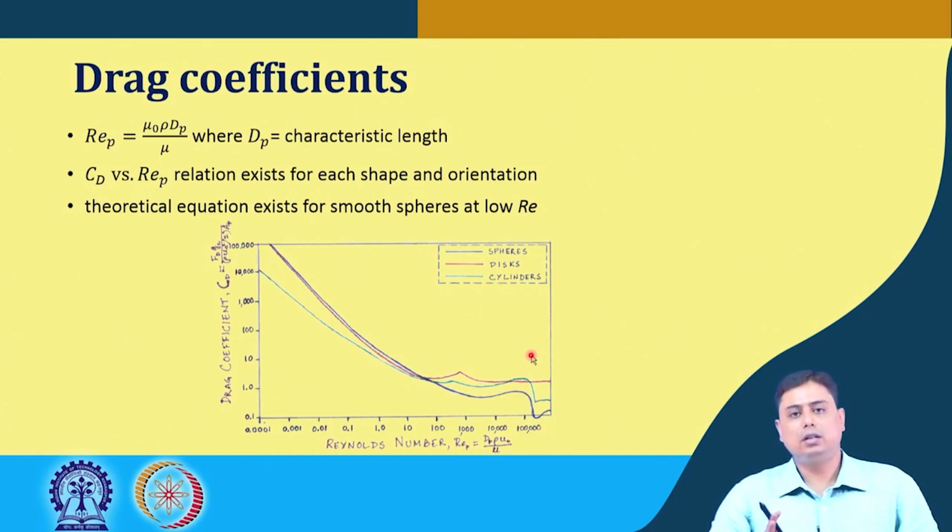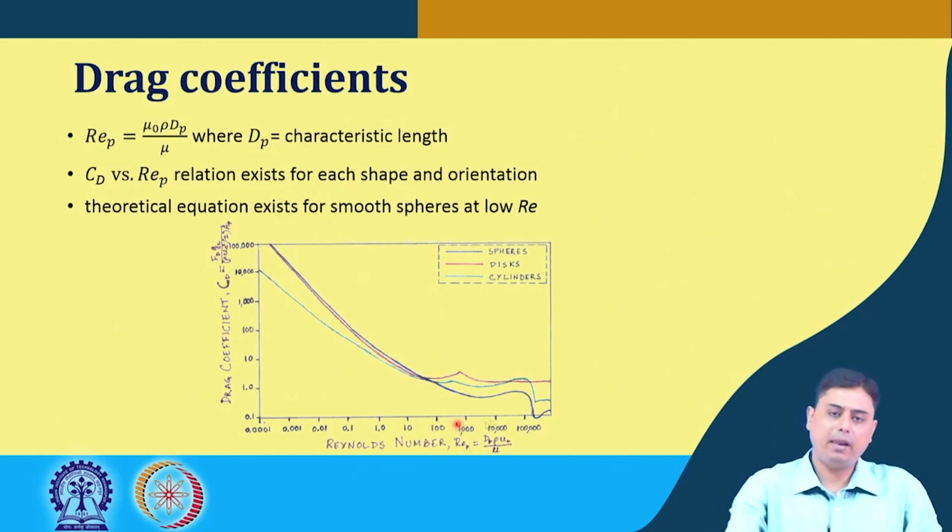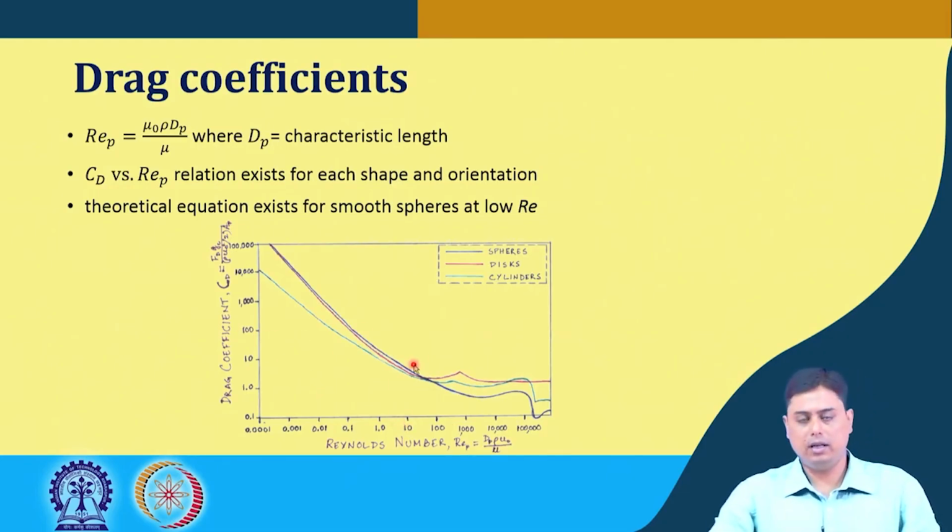If that does not apply for your case, then such graphs cannot be applied to extract the drag coefficient value for a particular particle Reynolds number. So this is a representative graph, which changes with the particle orientation as well as the particle shape.